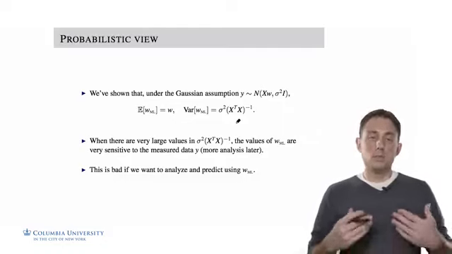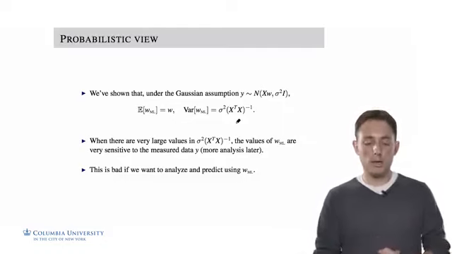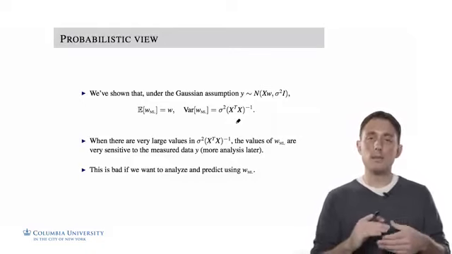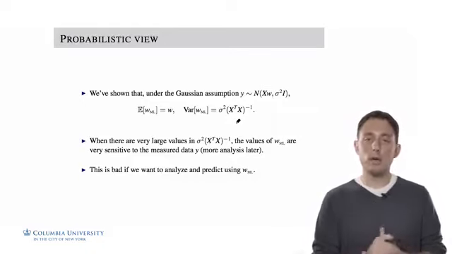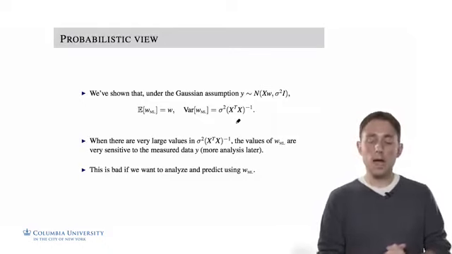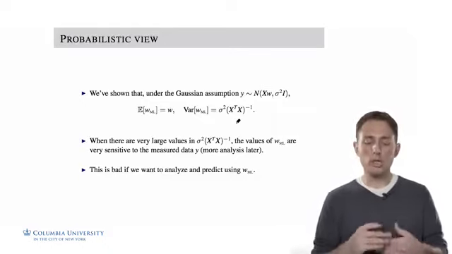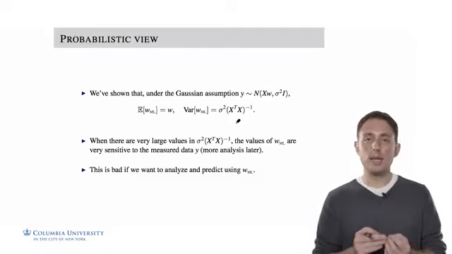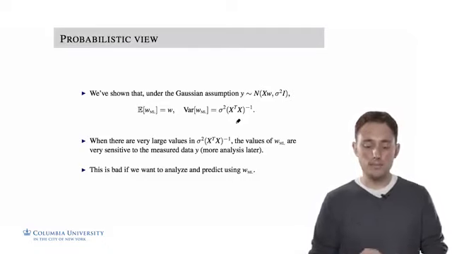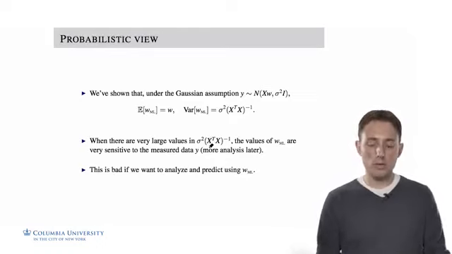So when using this probabilistic assumption, can we say when maximum likelihood or least squares is not going to work, or where we don't necessarily trust the maximum likelihood solution that we're going to get? That's simply when the values in the covariance are very large. So this is relative.